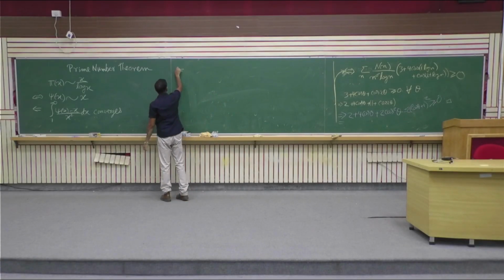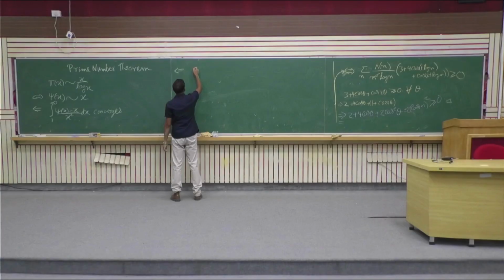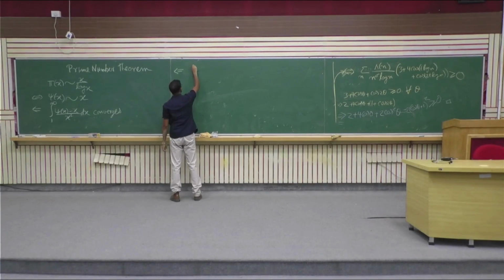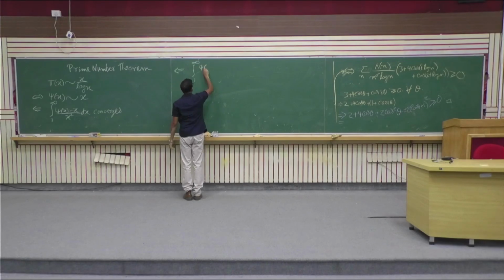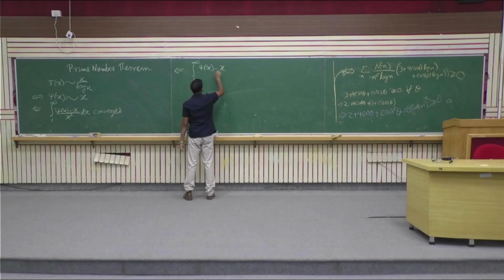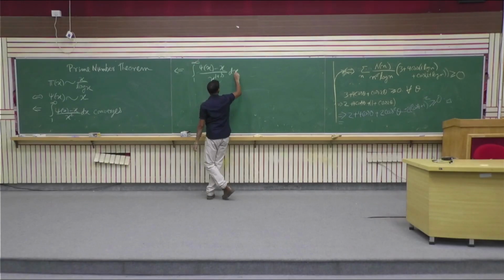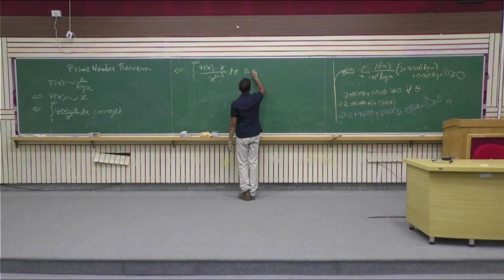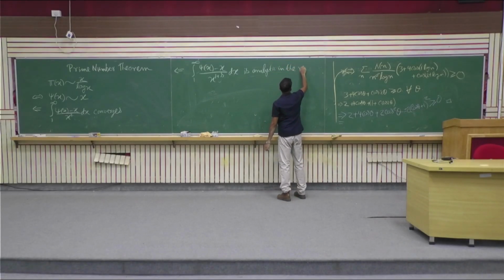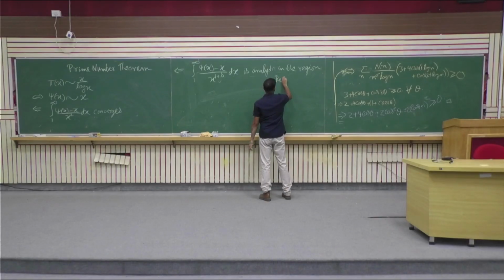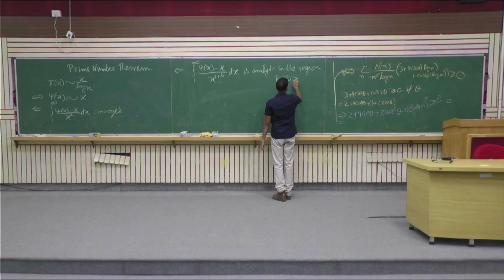So this was implied by the fact that the integral from 1 to infinity of xi x minus x by x power 1 plus s dx is analytic in the region real part of s greater than or equal to 1.